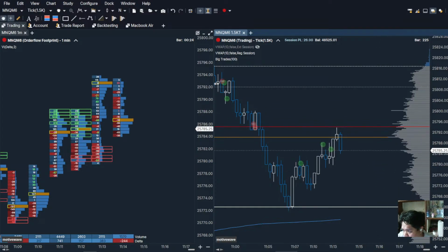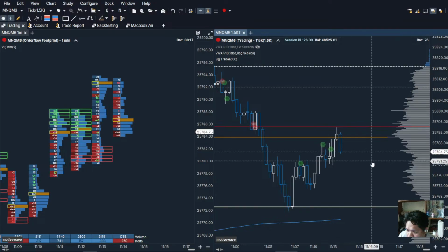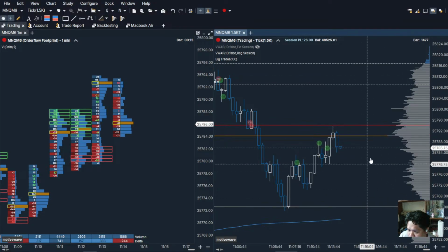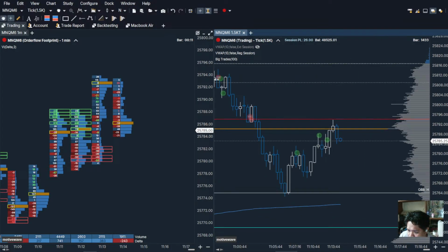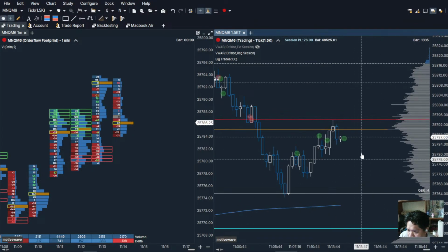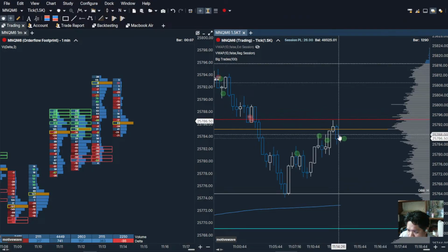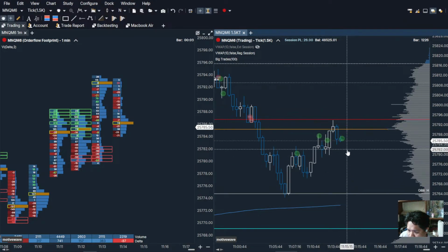I'd be interested in a quick two contract here towards the ORB high. Let's see it push.